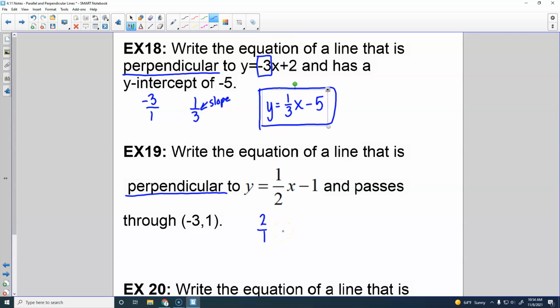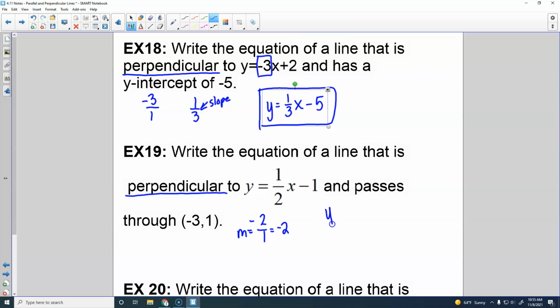And what else have we got to do to it? Not flip it again. We got to change the sign. Because it was positive, we got to make it negative. If it was negative, we'd make it positive. So my slope is going to be negative 2 over 1, but what is negative 2 divided by 1? It's just negative 2, so life's going to be easier if you just use the negative 2 to solve this.